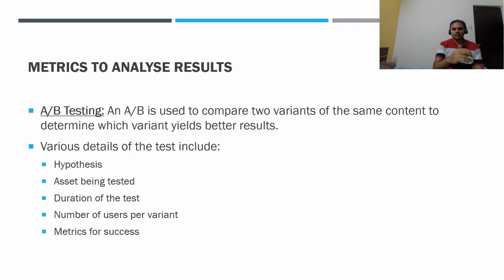So the email headline will be changed in one variant and sent to 5,000 users, and in another variant no such changes will be made and it will be sent to the other 5,000 users. Maybe one set of 5,000 users will be sent a header in black, another set a header in red or green or some other variant. Basically the point is you just change one variable.